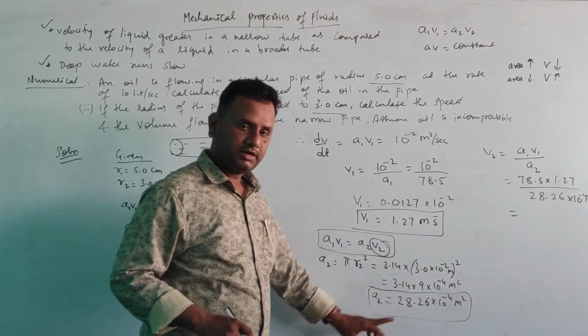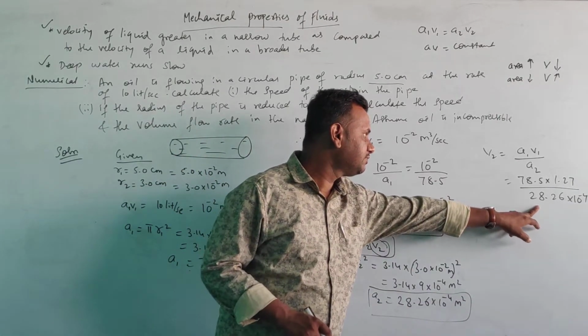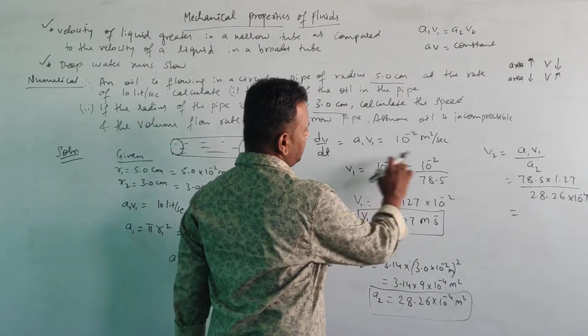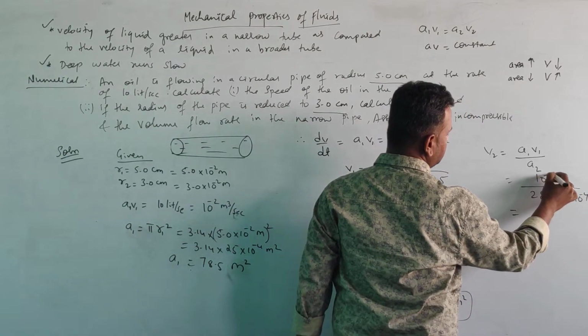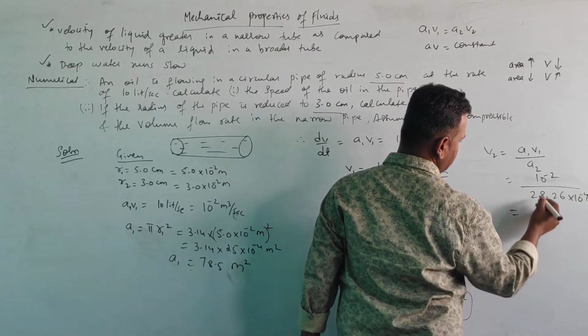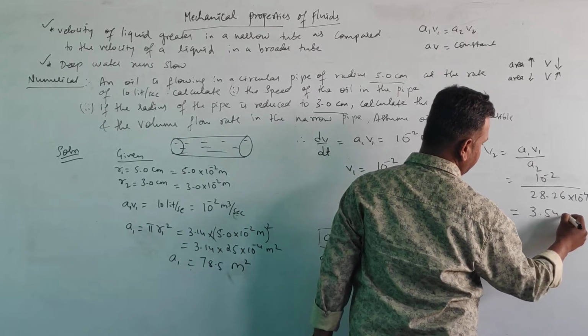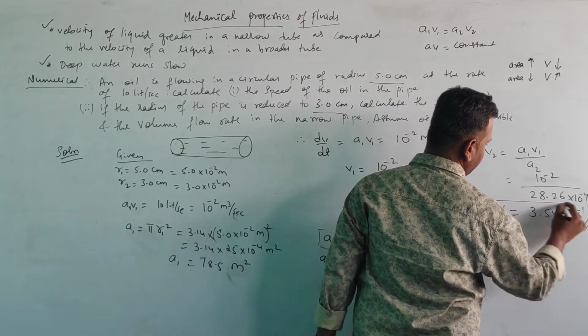After dividing, we get 3.54 meter per second. That is V2.